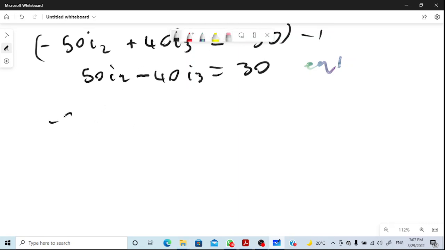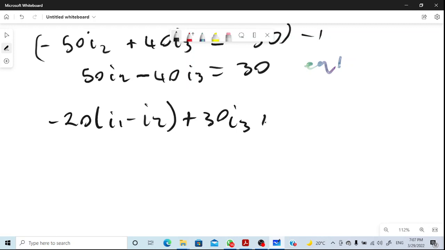Okay, minus 20 into I1 minus I2, that is the current that goes through that 20 ohm resistor. Okay, plus 30 I3 plus 10 I2 equals to 0.